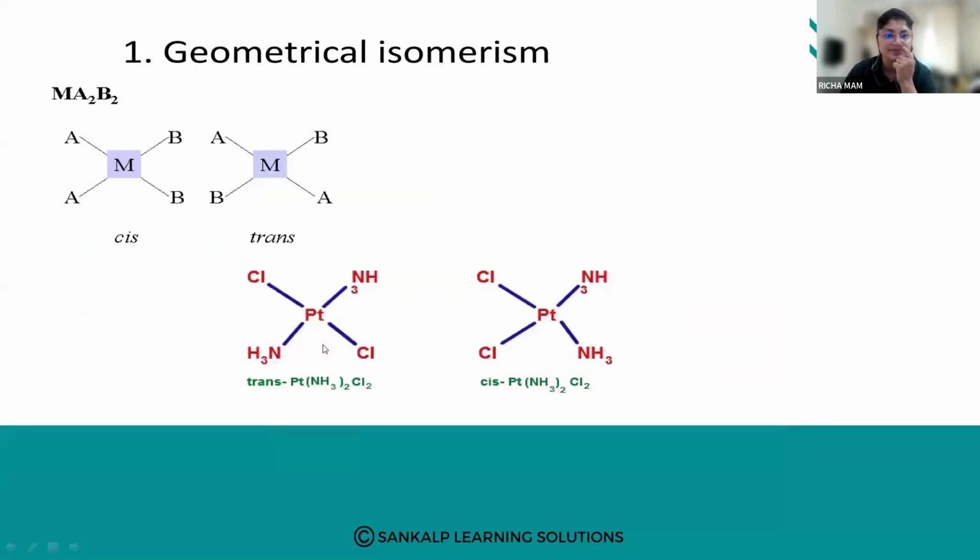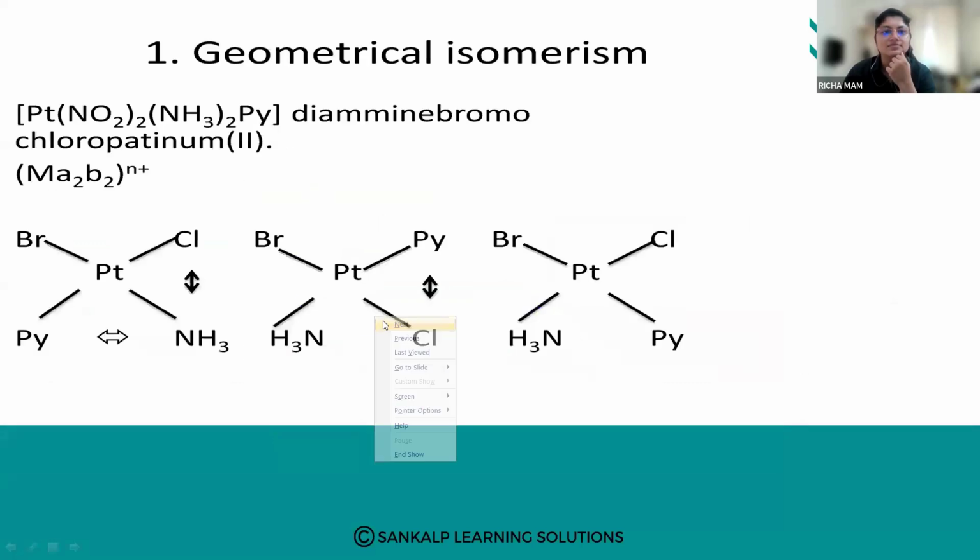So next, this was another type we had discussed, A2B2. Here you can see we have an example of geometrical isomerism.